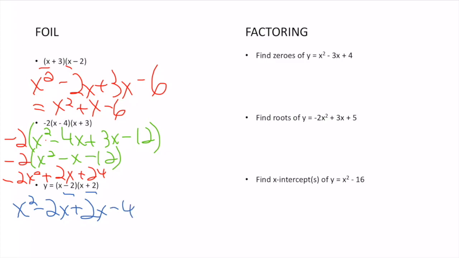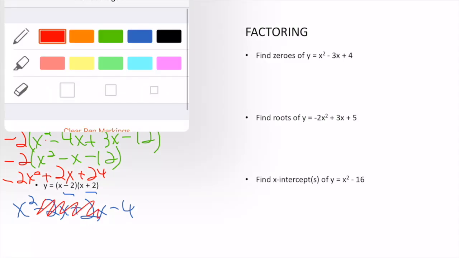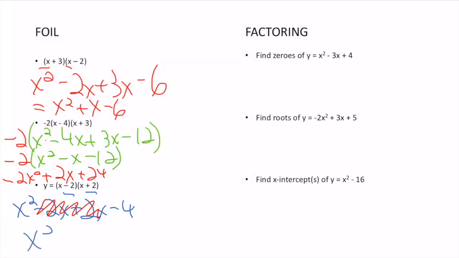It's clear to see I have a -2 and a +2, they end up canceling each other out. And I'm just left with x squared minus 4. This is a special type of quadratic. We call it difference of squares.